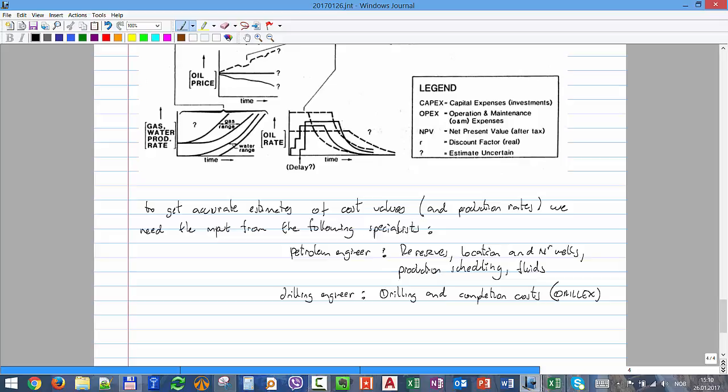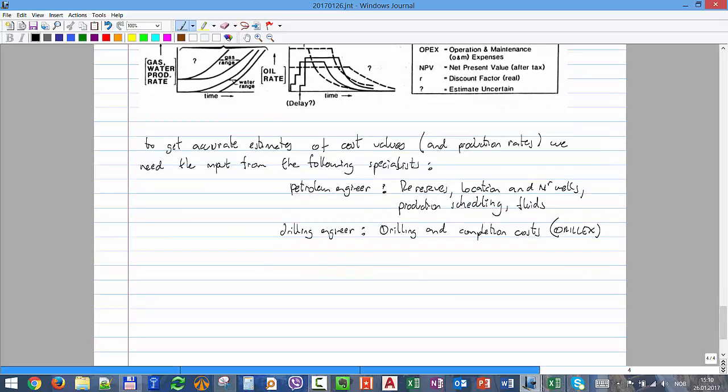How many days it's going to take, according to the proposed trajectory, how long the wells have to be, according to the formation and the petrophysical properties, what kind of equipment I have to have in the well to produce it. Then comes the facilities engineer. Okay, and that's maybe the processing, someone that knows about processing.